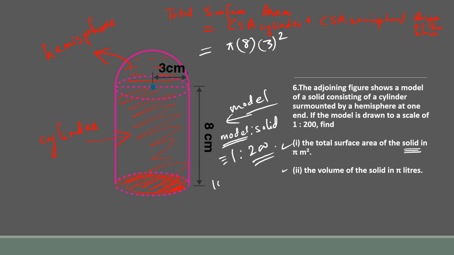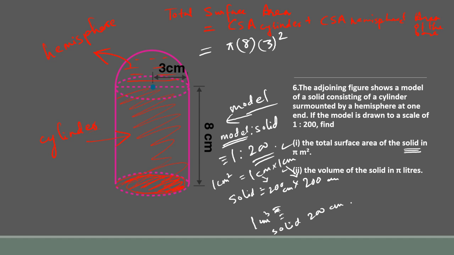If the model is 1 centimeter square, that is 1 centimeter times 1 centimeter, then the corresponding solid will be 200 centimeter times 200 centimeter.